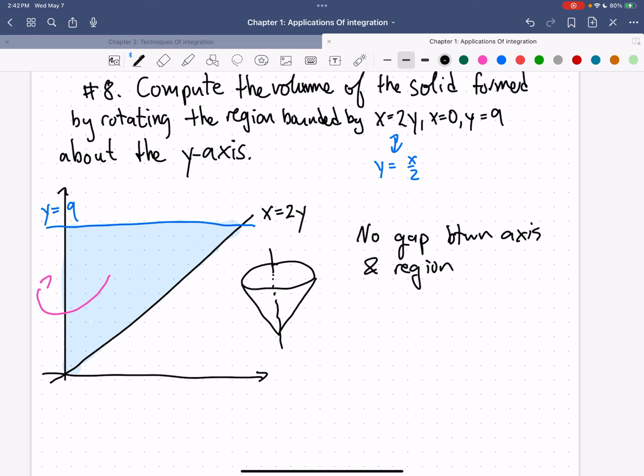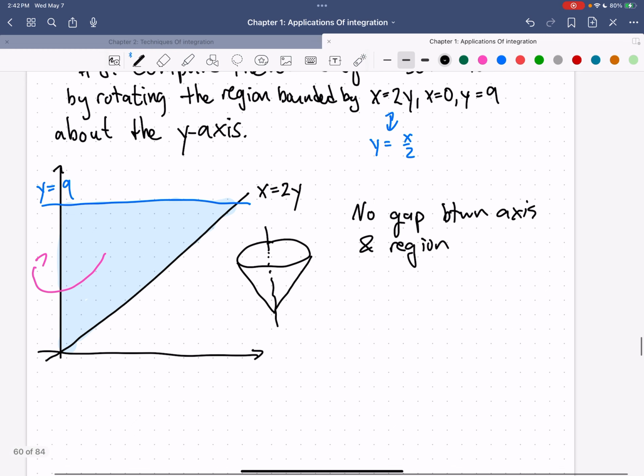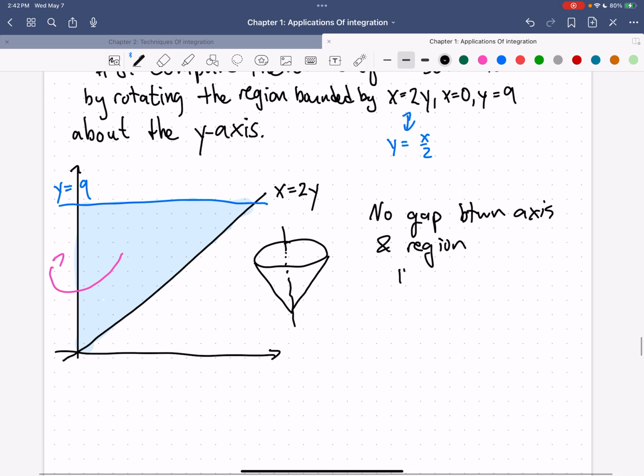All right, so we just need to find the one radius. And that's not too bad at all. That's just going from the y-axis to this x-coordinate, which is given by 2y, as we let y vary from 0 to 9.